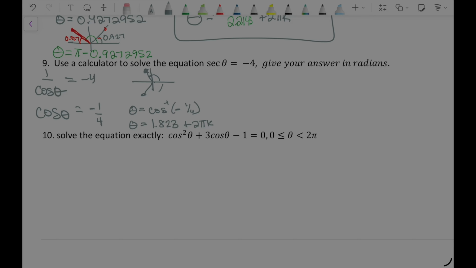What is this one down here? It would be kind of tricky. I think an easier way, if this is the 1.823, then you could do 2 pi minus 1.823.